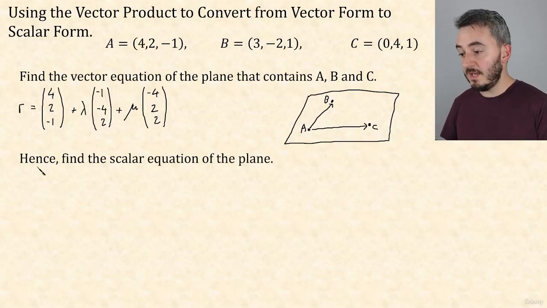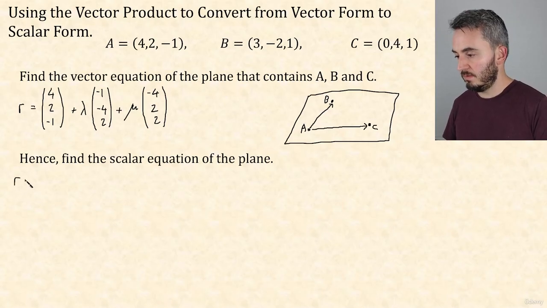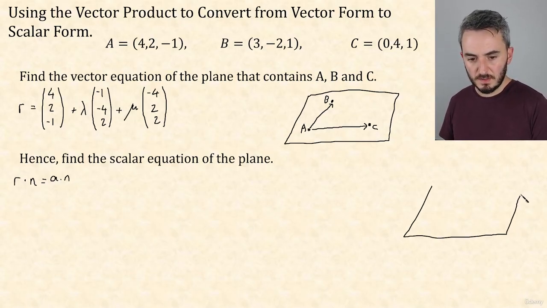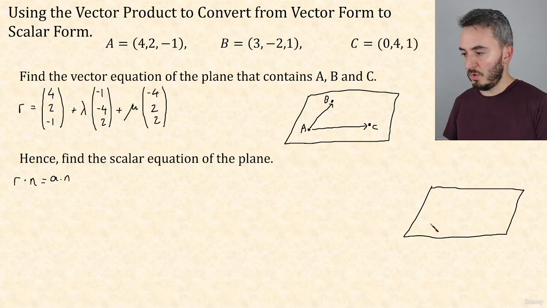Now the scalar equation of the plane is the one that uses our scalar product, our dot product. So that's one in the form r dot n equals a dot n. So what is that? Well, let's go back to our little drawing. It's that any point on the plane R is perpendicular to this line n.